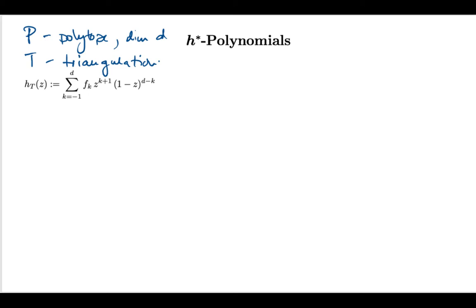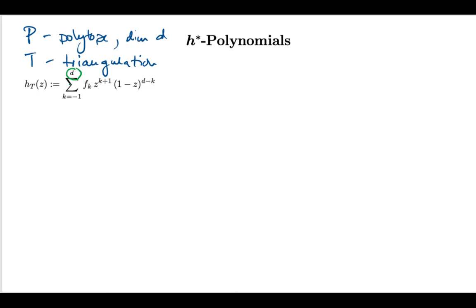So now let me define another h-polynomial for this triangulation. You might notice that I'm now going all the way up to d-dimensional faces because my triangulation is a full triangulation. So I need to keep track of, for example, the number of full d-dimensional simplices in the triangulation.